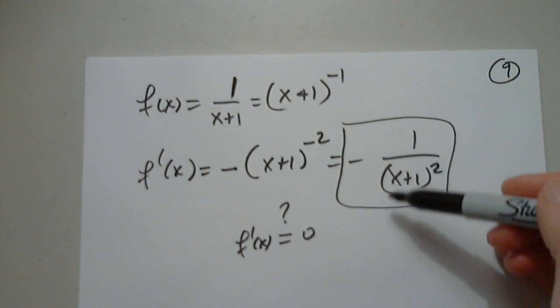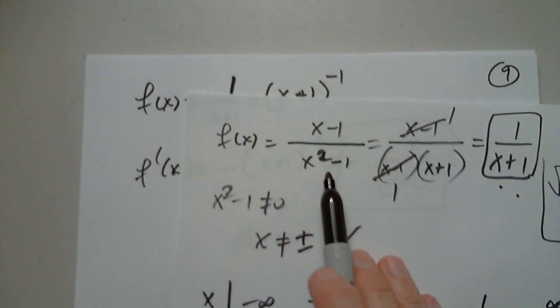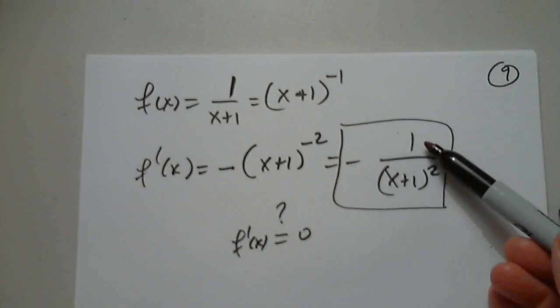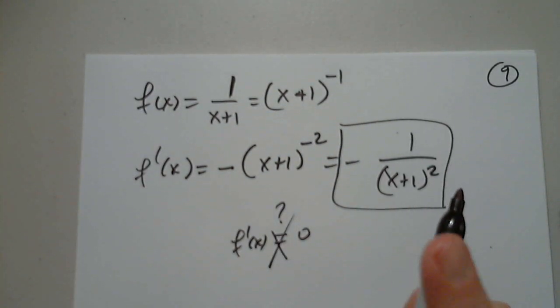When is a fraction 0? Careful, when the denominator is 0, remember, the function is undefined. Oh, when the numerator is 0. Exactly. Awesome. Yes. Can the numerator be 0? No. So there is no critical number.